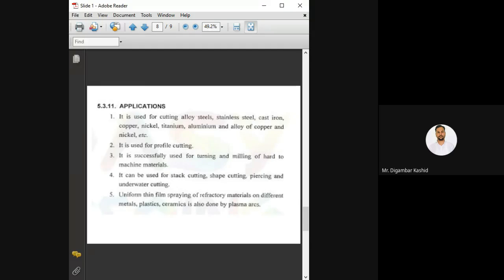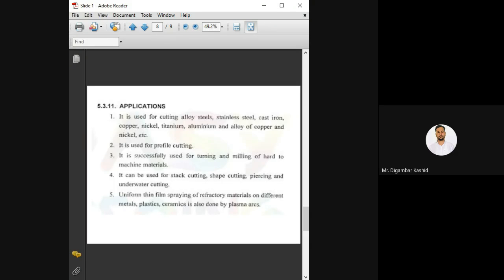Now, as we know, all these processes are advanced machine processes. So for controlling purposes and to get automation, and to get maximum material removed, we can use computer numerical control, that is CNC plasma cutting system also. It is available in the market.